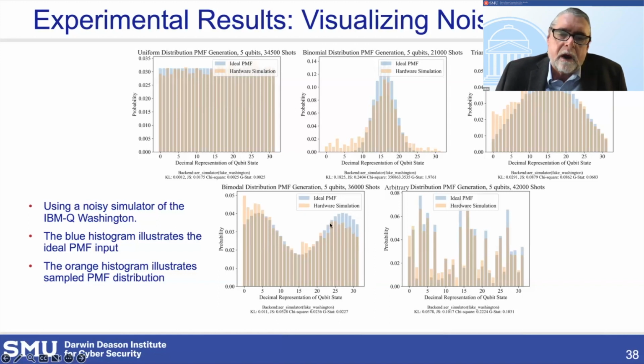Here is an arbitrary bimodal distribution. Here's a totally arbitrary distribution. It's got many different local extrema, we thought would be a harder case, but this demonstrates the power in that we can generate any probability mass function, even those that are non-parametric, with this method.